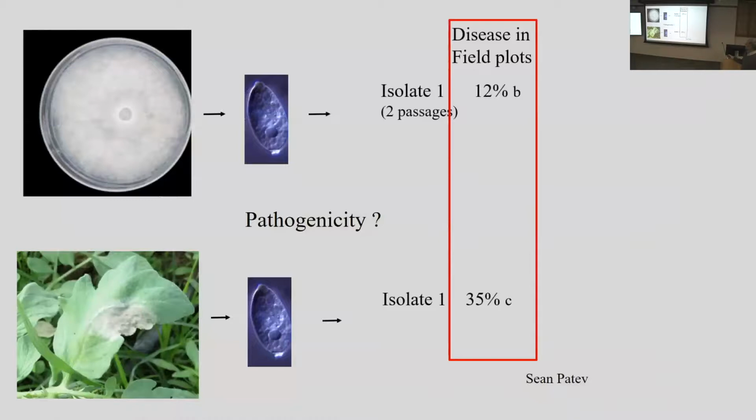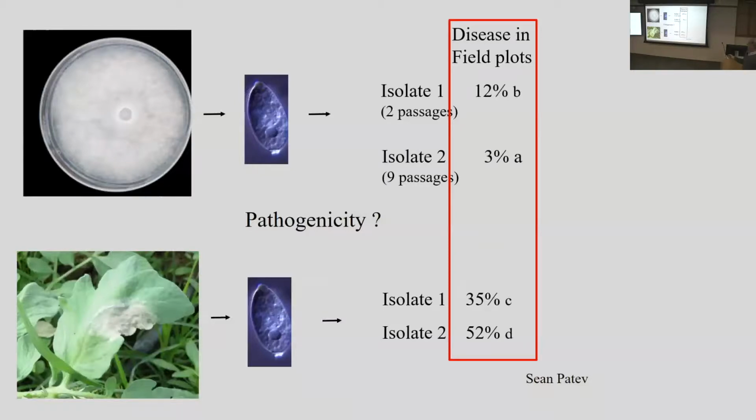For isolate 1, he found if the sporangia came from a plate, he got 12% disease in the field. For isolate 1, if the sporangia came from a leaflet, he got 35%. Now, it turned out isolate 1 had only 2 passages in pure culture.